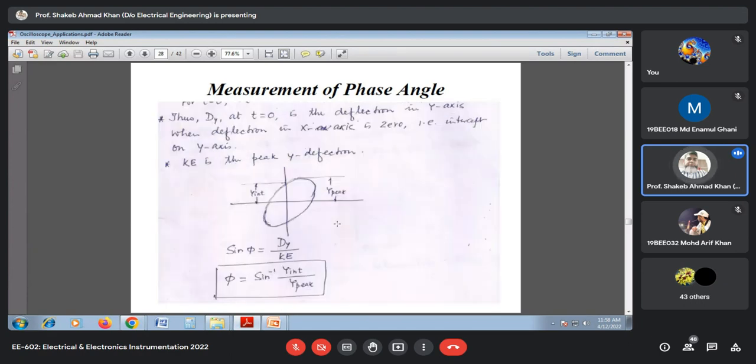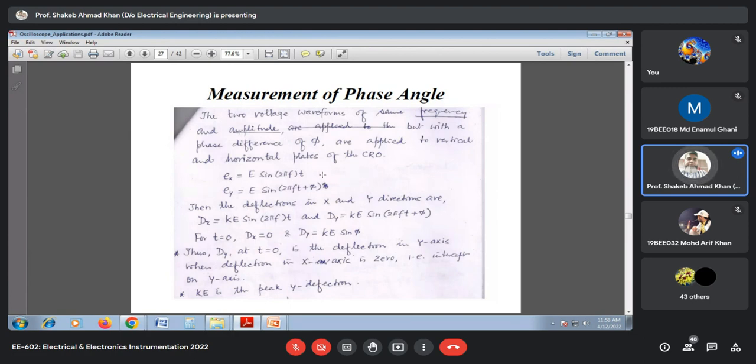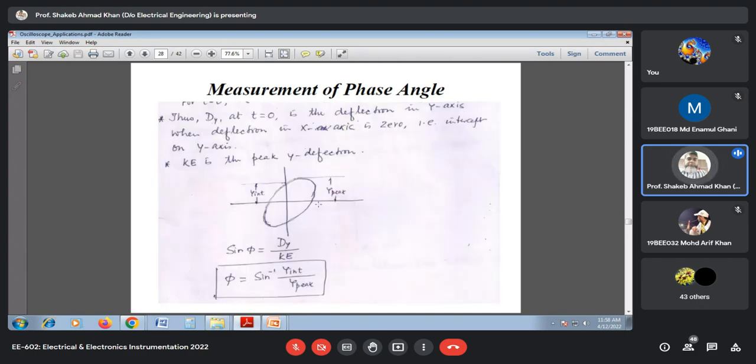Anyway, this is the general case, and this kind of pattern you will find only when the angle is between 0 and 180 degrees. Some special cases are there, like 0 degree, 180 degree, and 90 degree. In these cases, you won't find an ellipse.